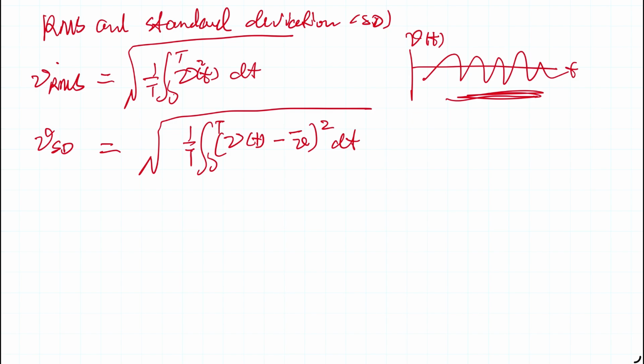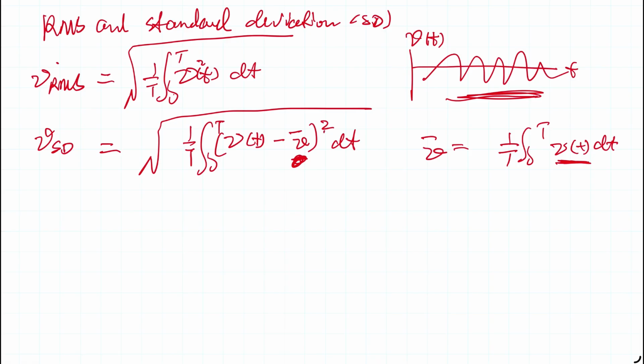The V bar here is the mean of the signal, which is the integration from 0 to T of V(t) dt, times 1 over T.